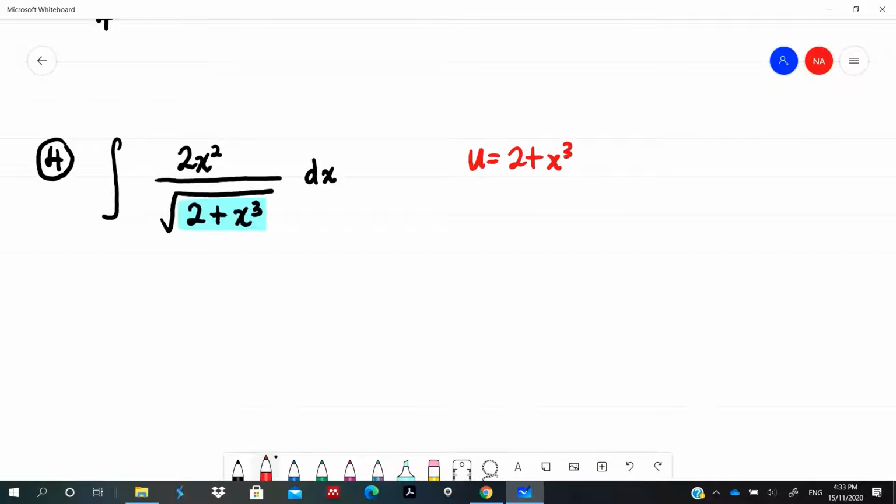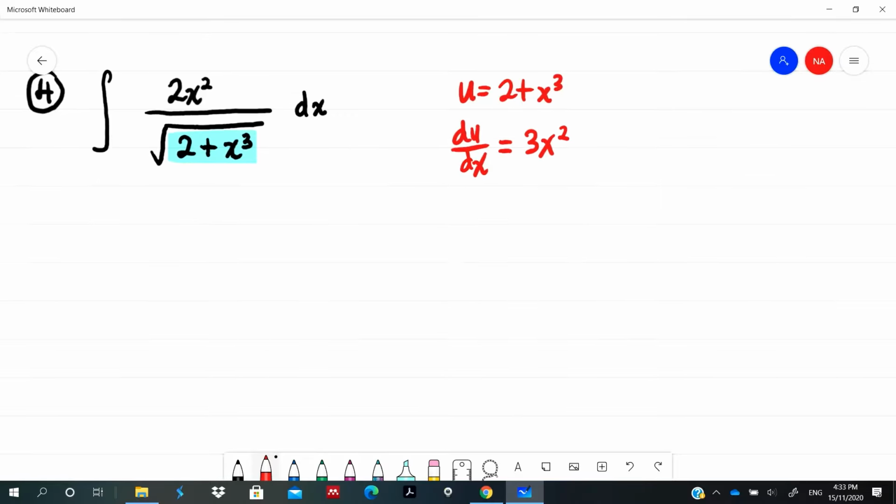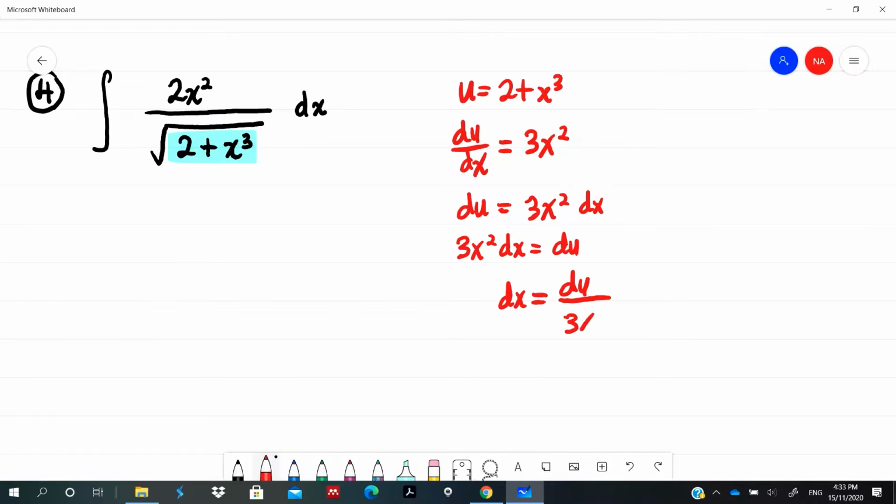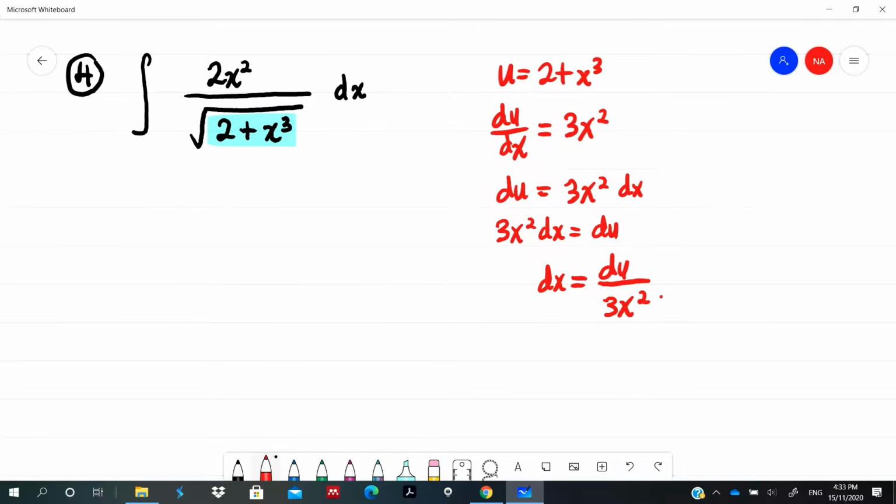Differentiating this will give us 3x squared. We want to make dx the subject, so du is equal to 3x squared dx. So we'll have 3x squared dx is equal to du, and the final answer will be dx equal to du over 3x squared.